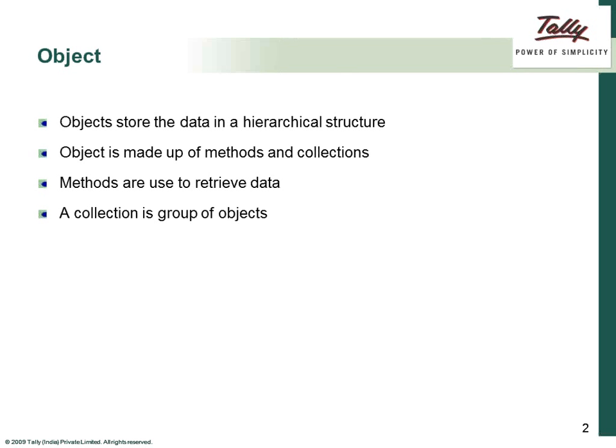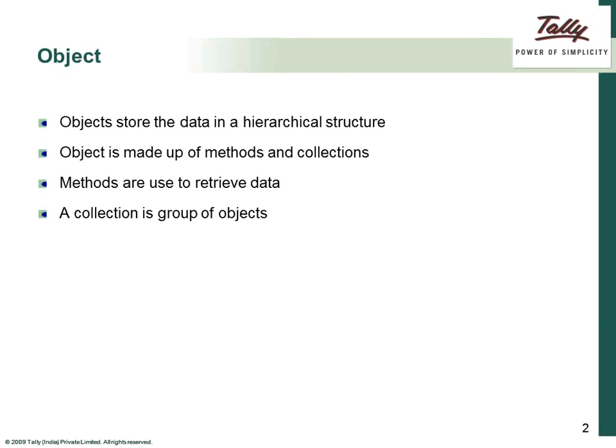Base is, ledger is an object. It stores data in a hierarchical structure. This ledger object is made up of methods and collections like the address. Methods are used to retrieve the data like the name of the ledger, the group of the ledger, the phone number of the ledger.